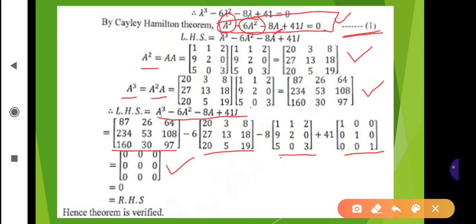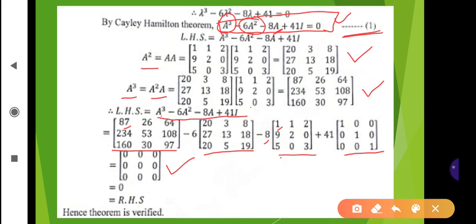See, we will do one calculation. 87 minus 6 into 20. 6 into 20 is 120. 87 minus 120, it is 33, or minus of 33, and this minus 8 into 1, so it is minus 8.